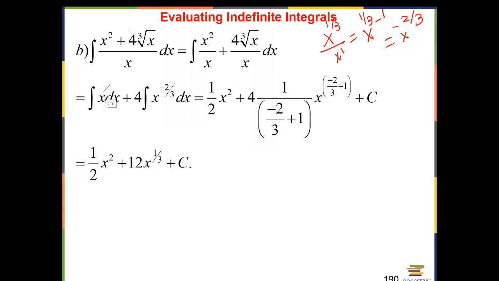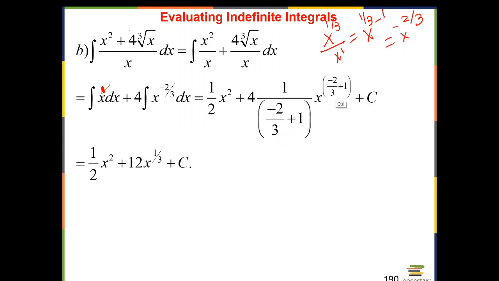So what is the antiderivative of this? It would be x, there's a 1 here, right? The power is 1. So 1 plus 1 divided by 1 plus 1, 1/2 x to the second. Keep the 4 here, it would be x to negative 2/3 plus 1 divided by negative 2/3 plus 1, plus c.